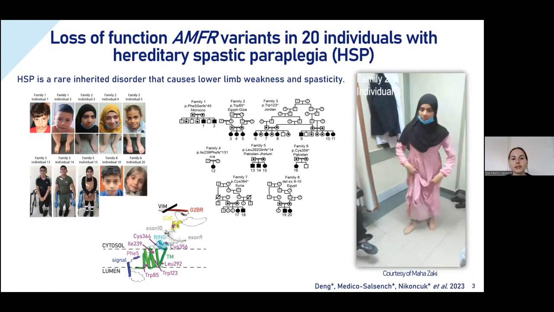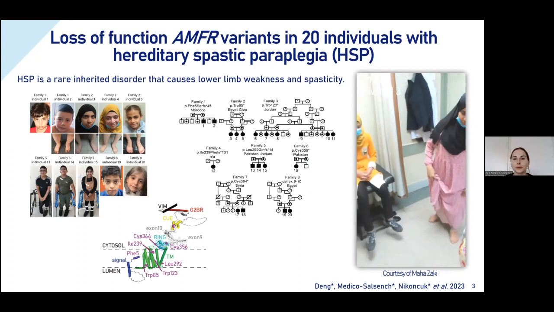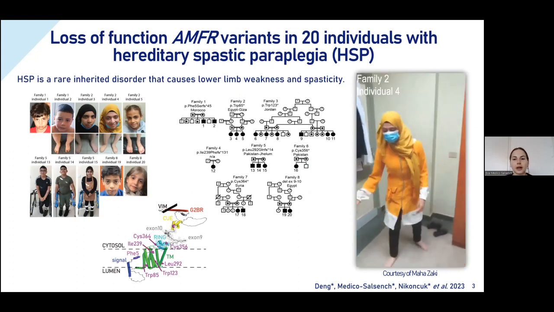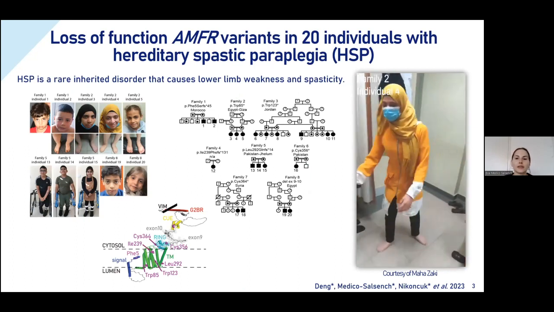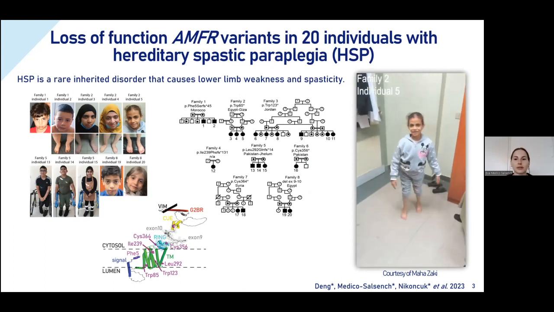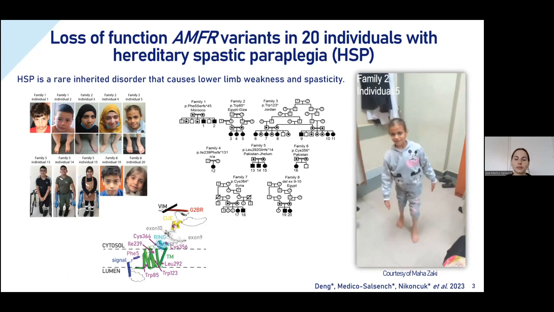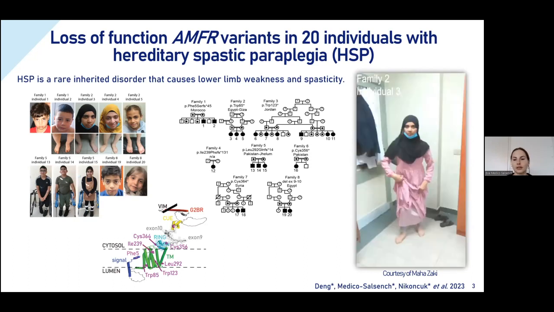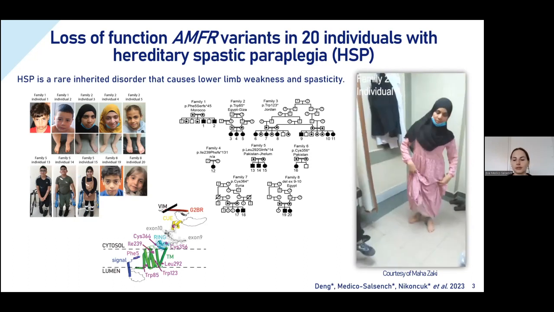By now, we have identified 20 individuals worldwide with truncating variants in AMFR, and they all have the same phenotype, the hereditary spastic paraplegia. That's a progressive spasticity of the legs, as you can see in this video.